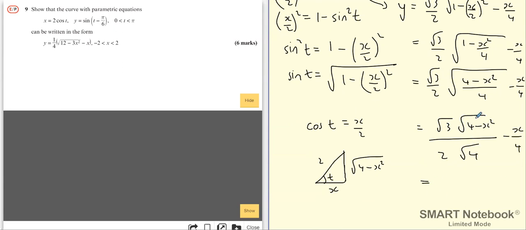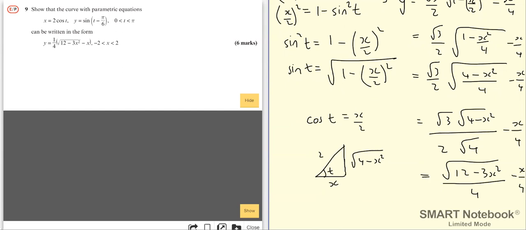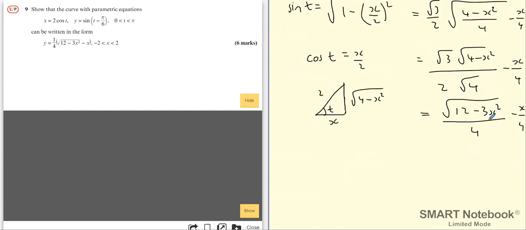If I multiply the root 3 by the root 4 minus x squared, I get square root of 12 minus 3x squared. 2 times root 4 is 2, so 2 times 2 is 4, minus x over 4. And then finally we see that 1 over 4 is common in both terms, so we can take 1 over 4 out. We've got square root of 12 minus 3x squared minus x. And so we've done that there.